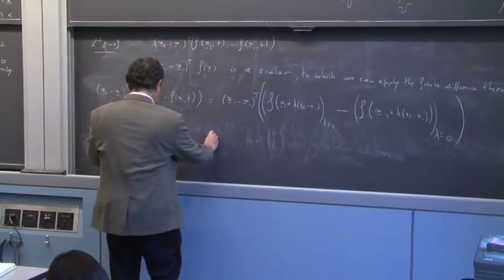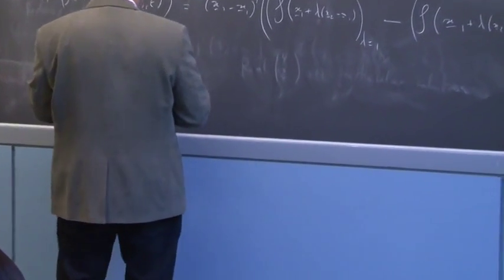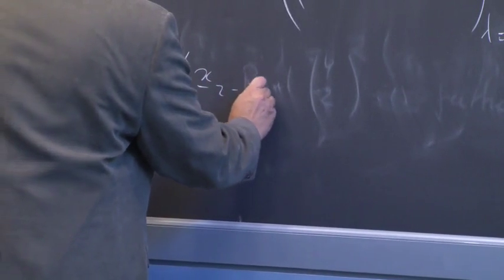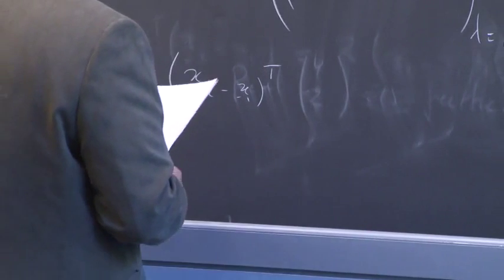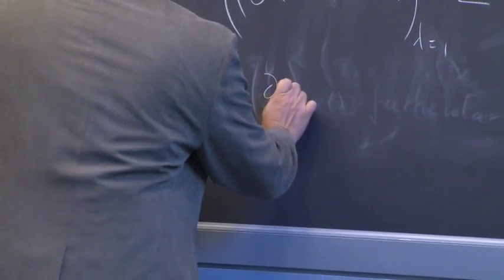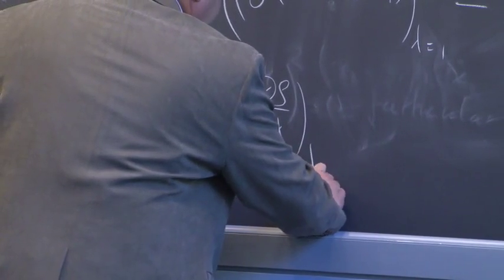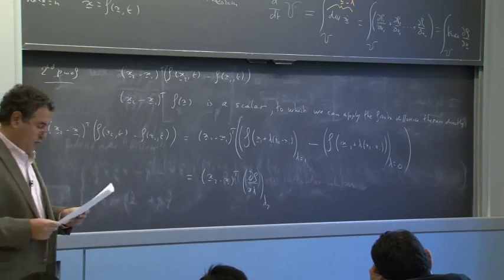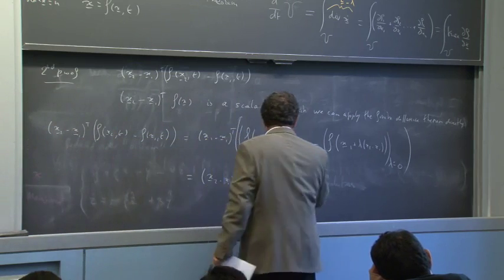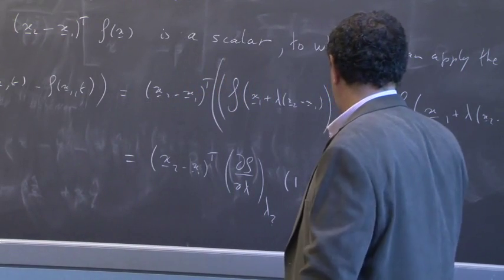And so it will say that this quantity is equal to x2 minus x1 transpose times df over d lambda computed at some lambda question mark between 0 and 1, okay, times 1 minus 0, because lambda equals 1 minus lambda equals 0.